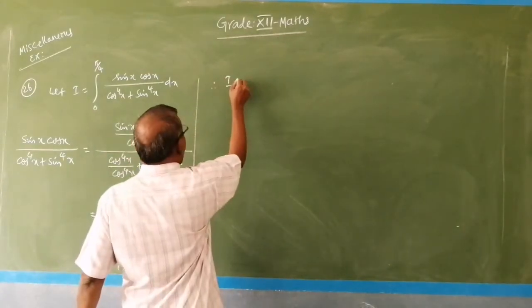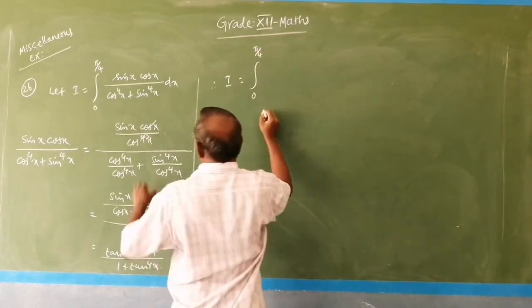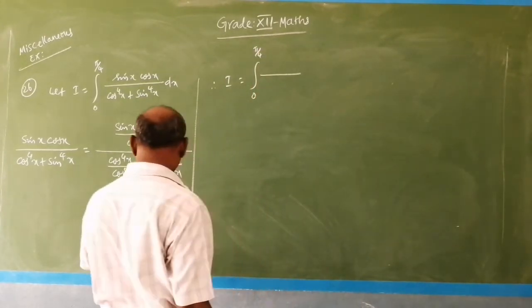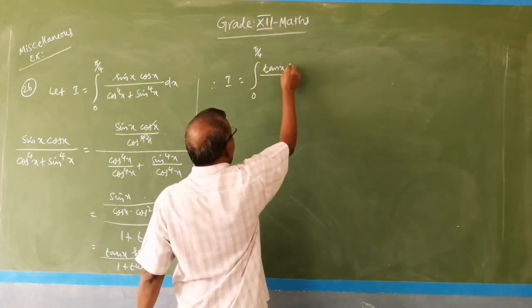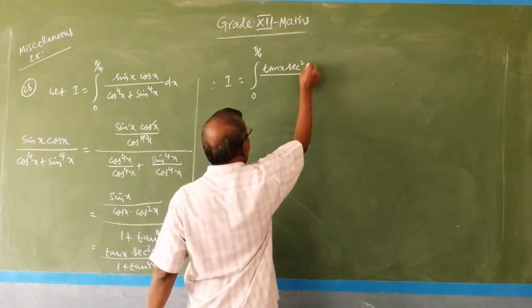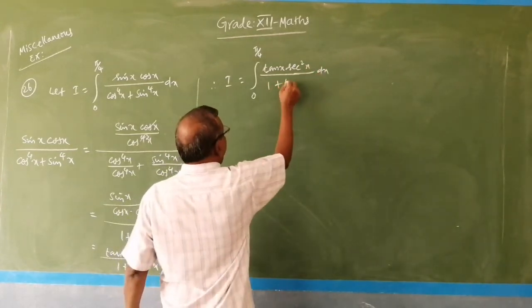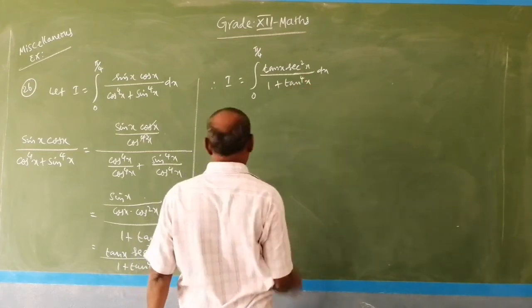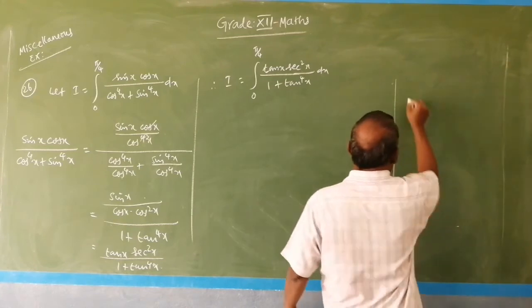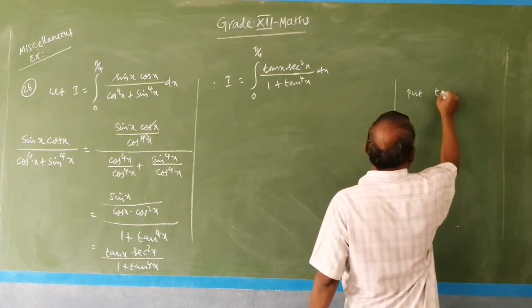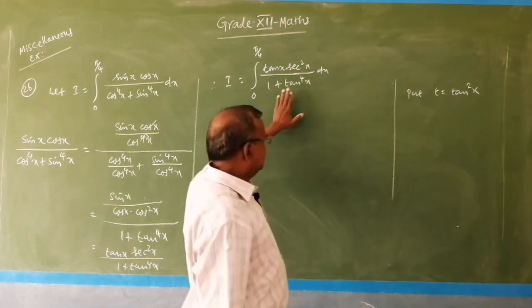Therefore, I equals the integral from 0 to pi by 4 of tan x into secant square x into dx divided by 1 plus tan power 4x. Now put t equal to tan square x, because we can put 1 plus t square here.